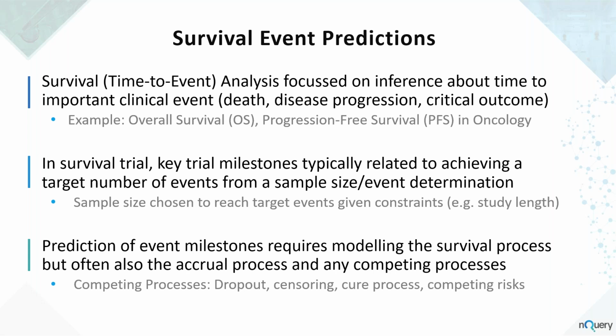If you're not planning to use someone who's having a competing event or dropout in the final inference, like the final effect size, your hazard ratio, then all of these processes are effectively treated the same, in the sense that they're just processes that stop you from having the event of interest. And that's what we're actually interested in from a practical point of view in a clinical trial and survival analysis.